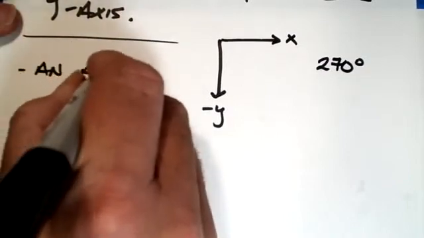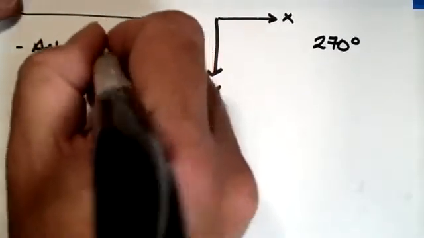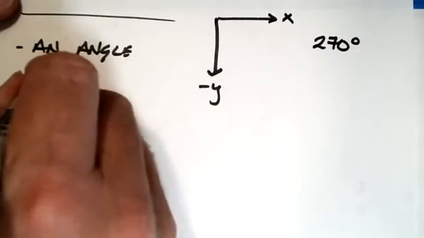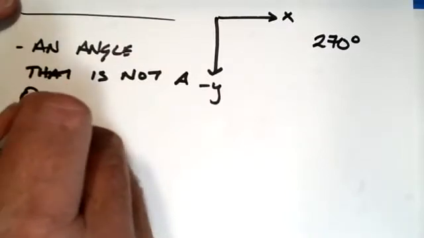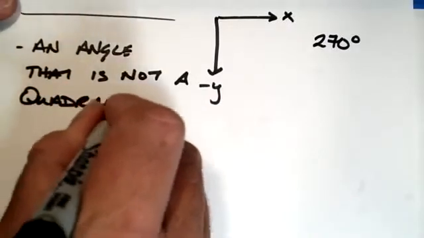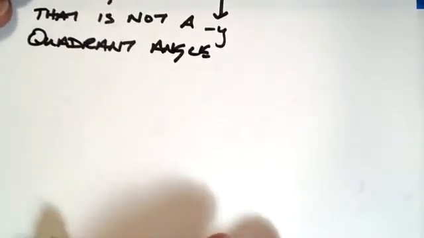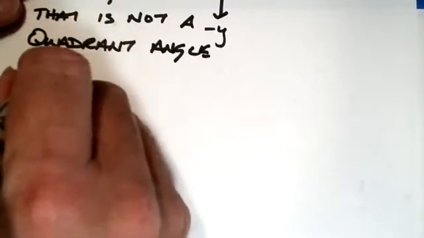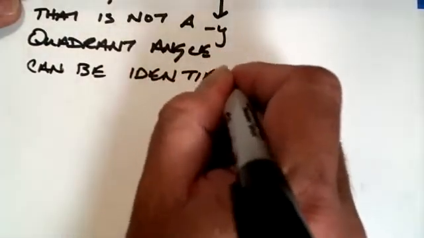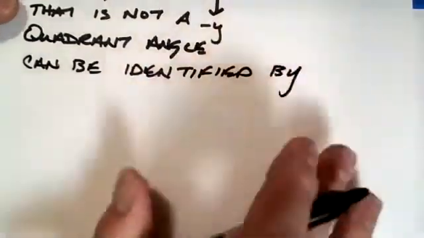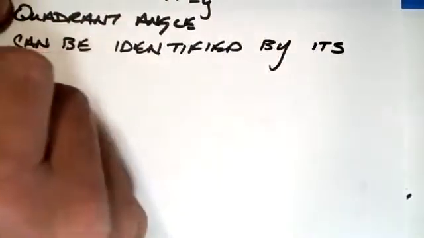An angle that is not a quadrant angle can be identified by its quadrant, which is a very weird construction of sentence.